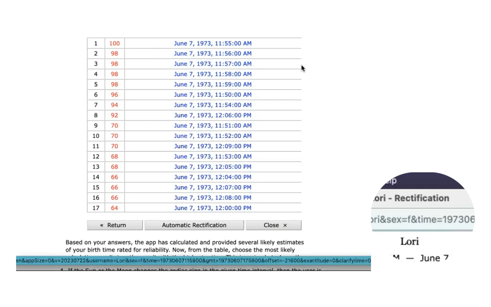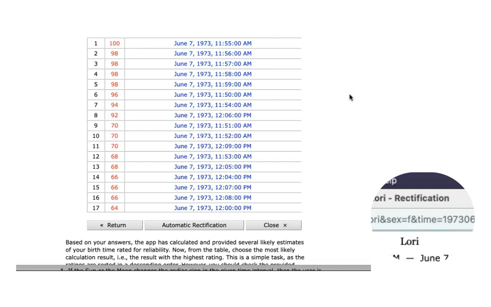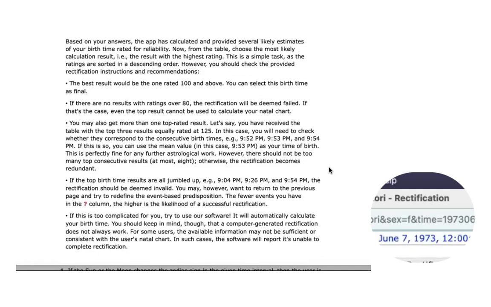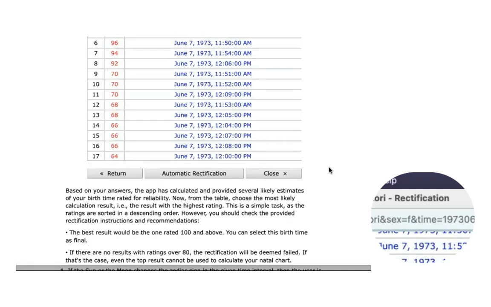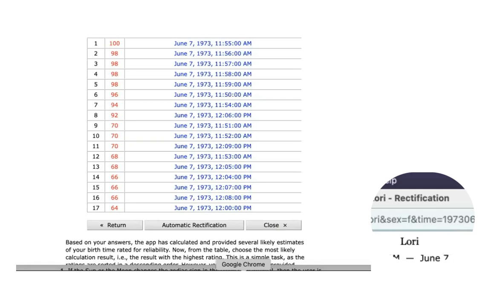So what I would do then is take those times and plug them into the human design tool and see what shifts, if anything shifts, what changes, and what resonates with you. So that is this rectification tool that seems pretty good, again, in the absence of an actual human doing the work for you.